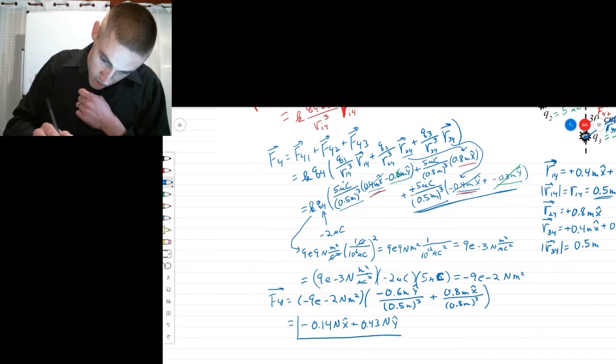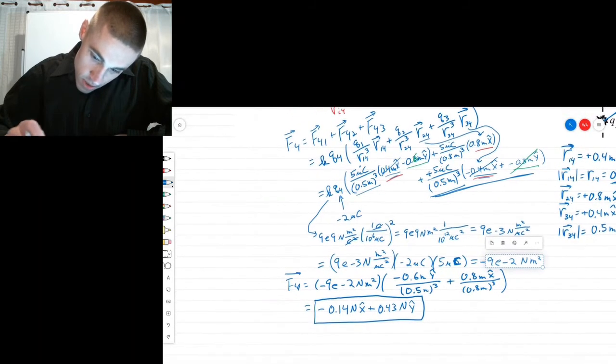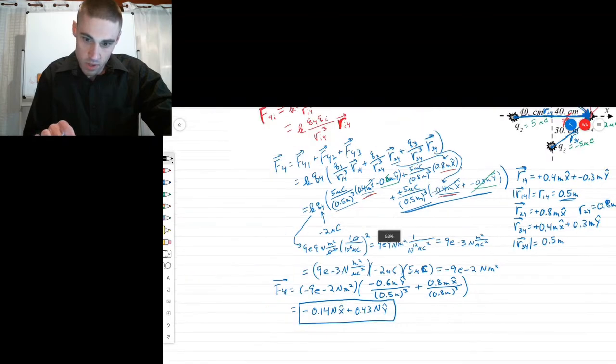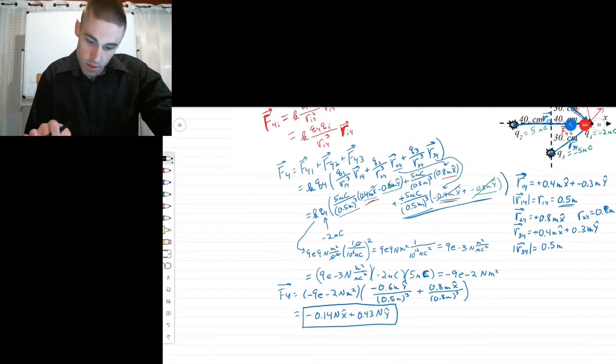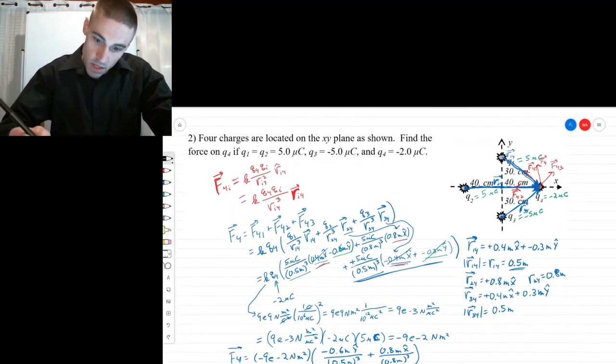And I'm going to put a box around this so that whoever grades my work will be able to know exactly what my final answer was. We have an answer, and let's just take a look at what this looks like on the diagram here. So we got something that has a negative x component and a positive y component, right?